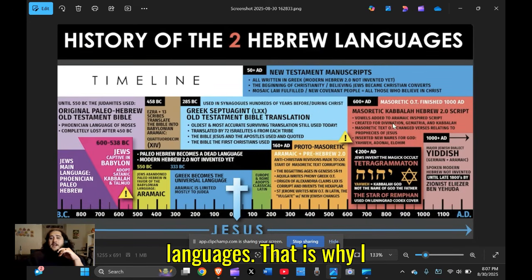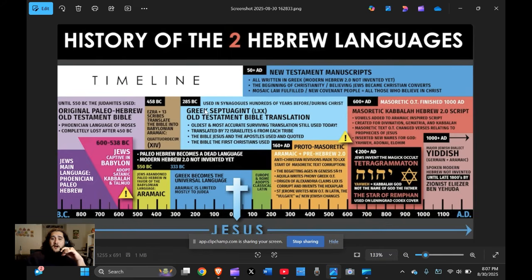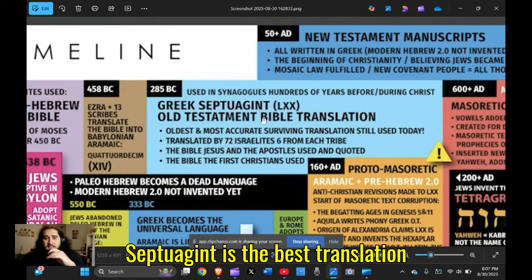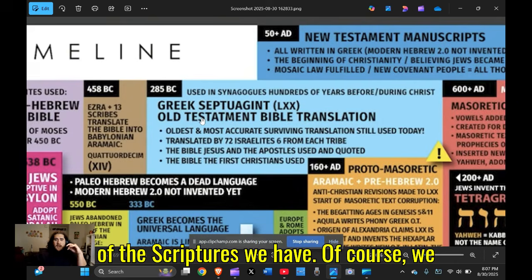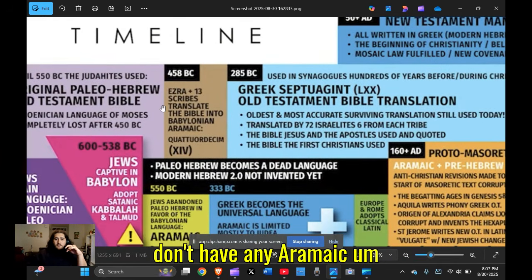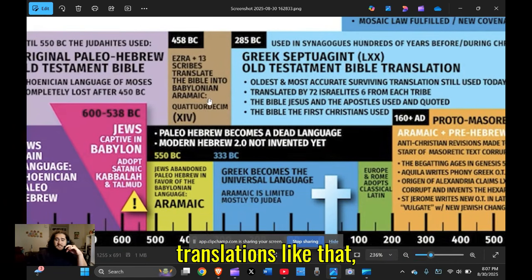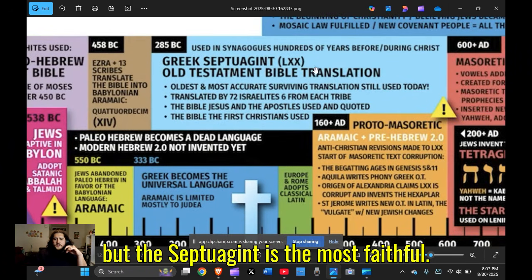That is why I personally believe that the Greek Septuagint is the best translation of the scriptures we have. Of course, we don't have any Aramaic translations like that. But the Septuagint is the most faithful.